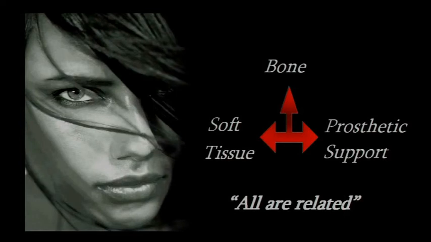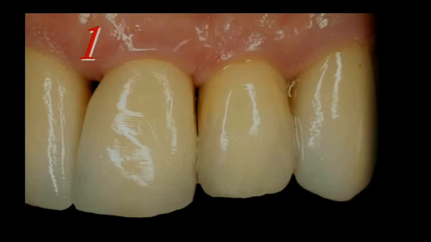These are the main components, and they are all related. And working with these components, for instance, some very small details can make the difference. A small step, but very important, is the provisional phase of the treatment, for instance. And I will show how we work with these components.